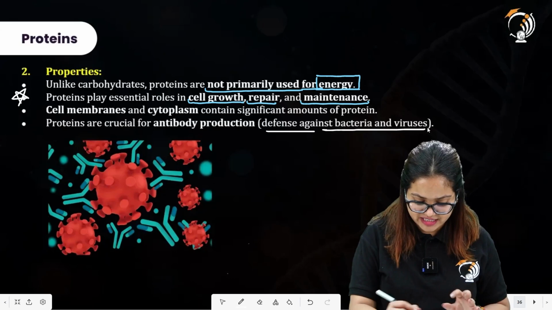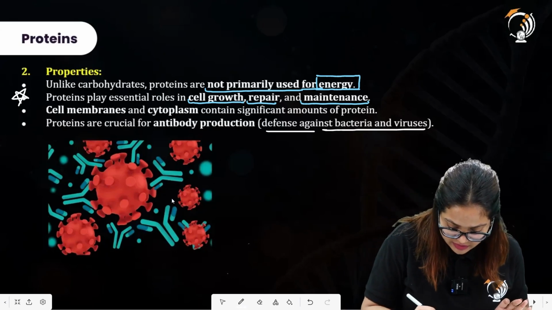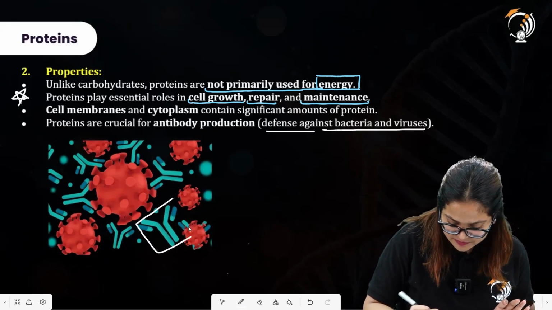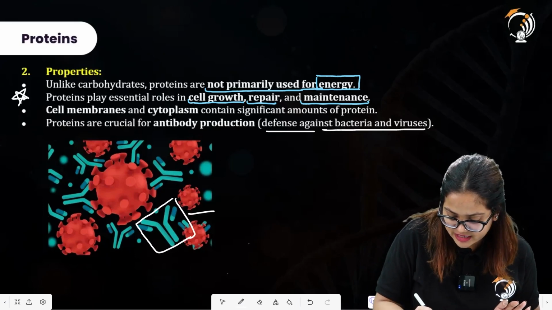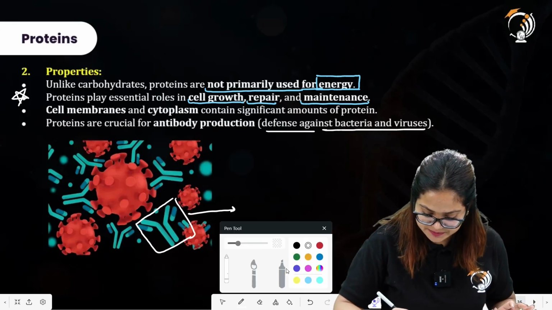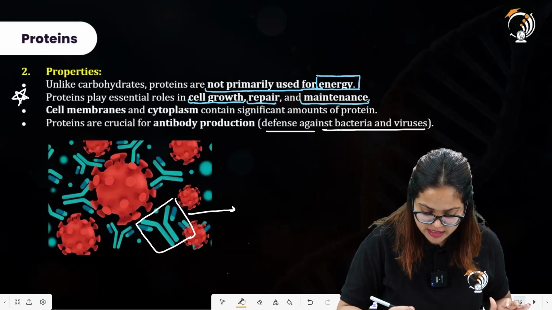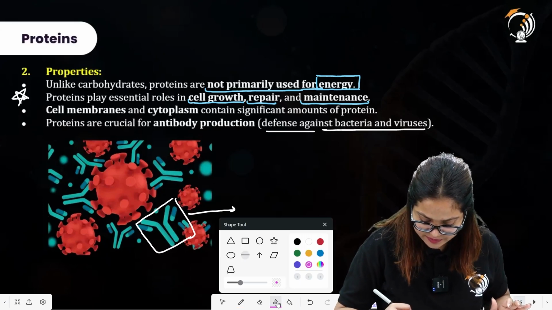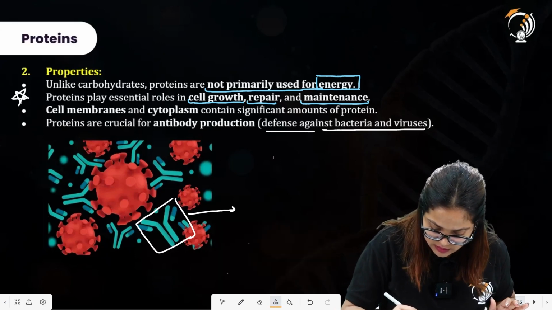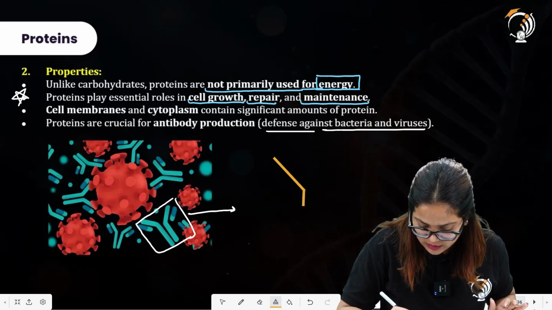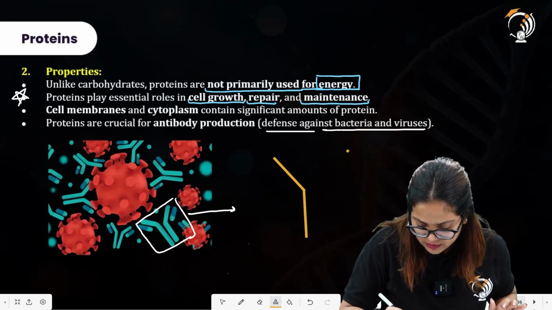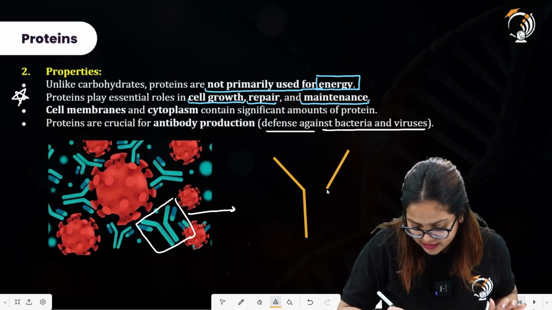And where can we find the antibody over here? So here we have these Y-like structures, these wire-like bodies. All right, it has two heavy chains, it has two light chains. This is how an antibody looks.